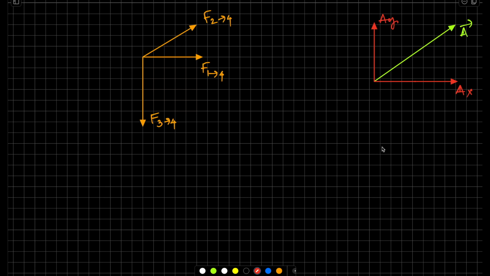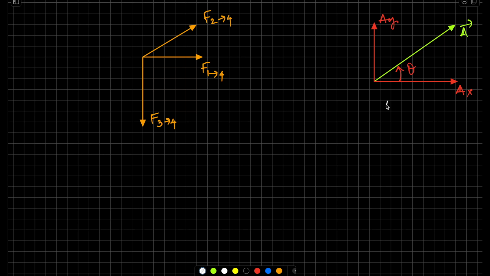So this is how you draw the components of vector A, Ax and Ay. Now how do you find these components? To find the components, we need an angle as well, either one of these angles. Let's say this angle is theta. There's a shortcut to find the components.